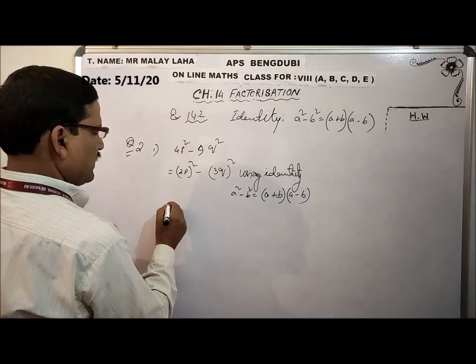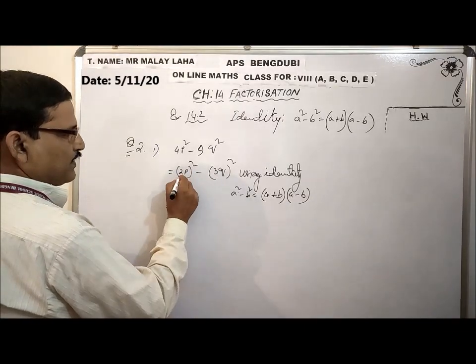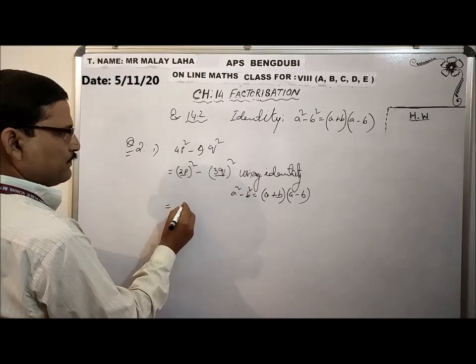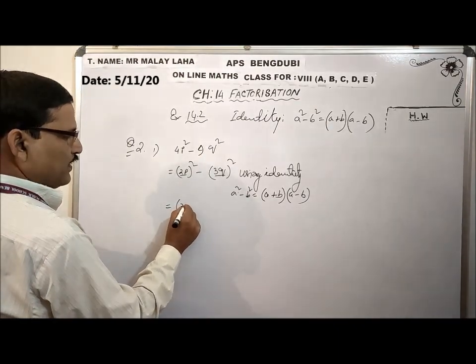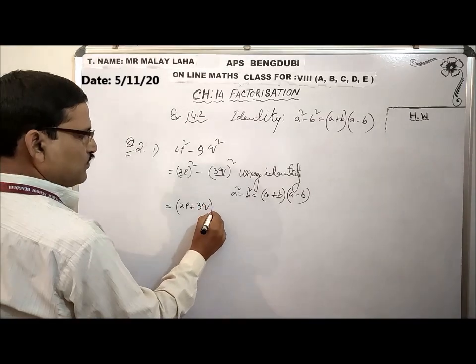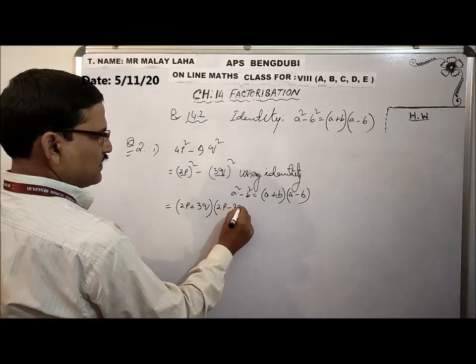So here a is which one? A is 2p, and this part is b. So a plus b means 2p plus 3q, into a minus b, 2p minus 3q.